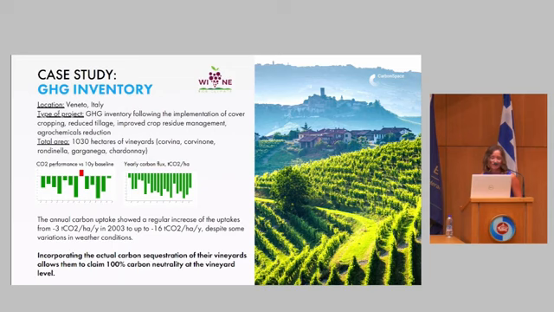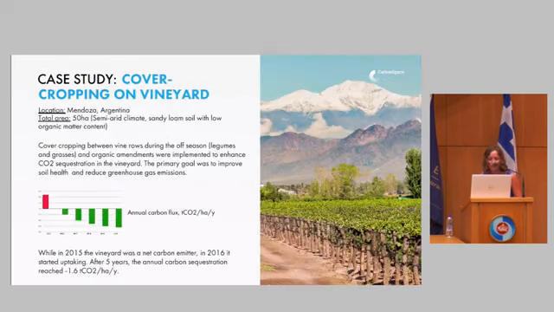What they did is implement cover cropping between the wine rows during the off seasons, mostly legumes and grasses, and also organic amendments. As you can see in red, in 2015 the vineyard was a net carbon emitter.